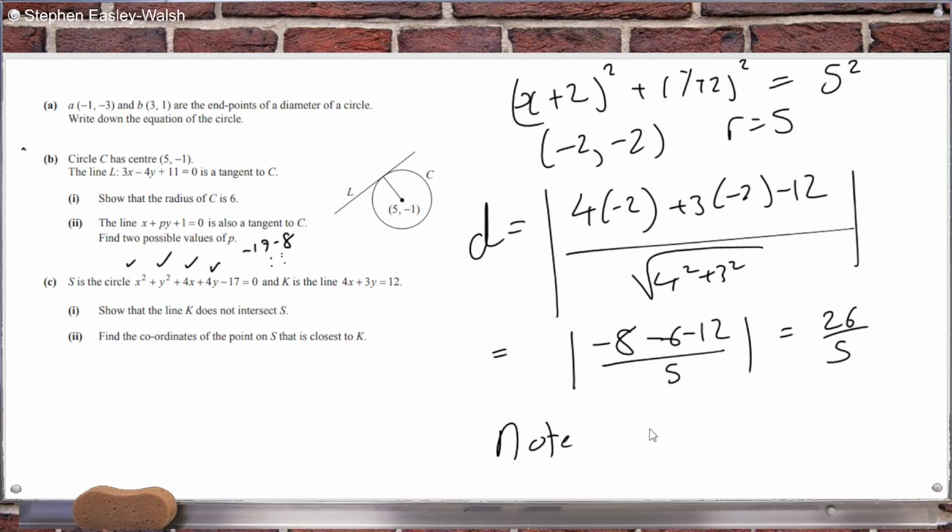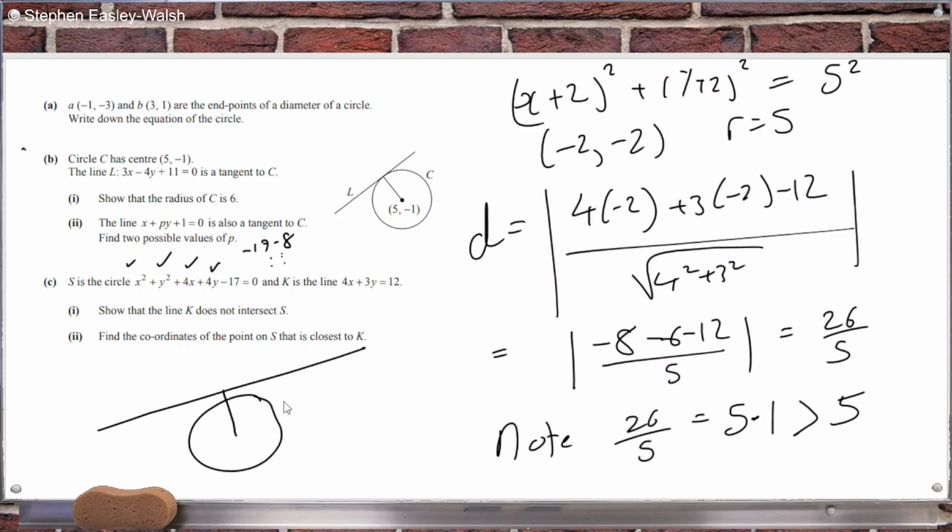Note 26 over 5 equals 5.2, which is more than 5. So the perpendicular distance d is more than the radius, so there's no intersection here. Okay. Yeah, good.